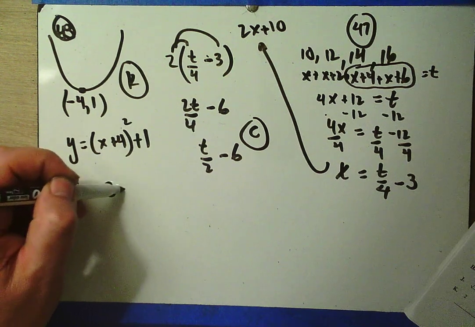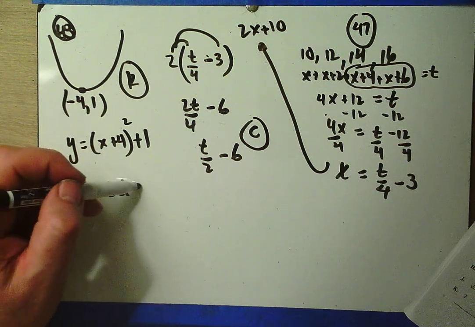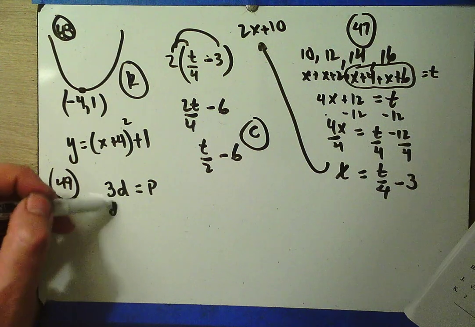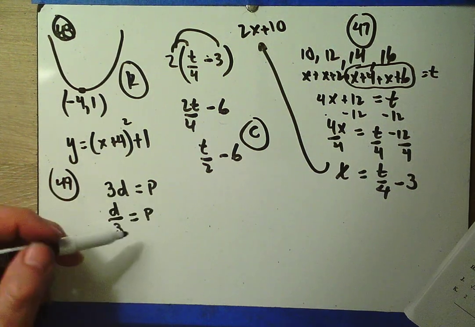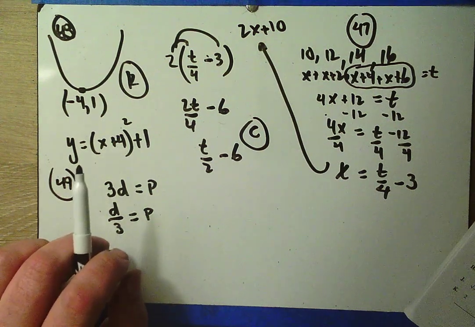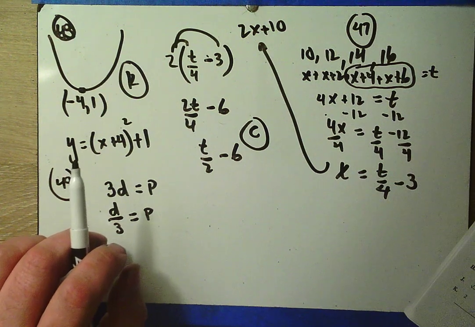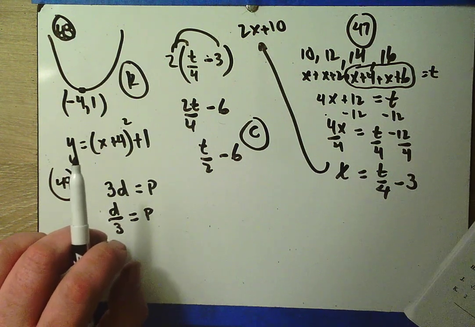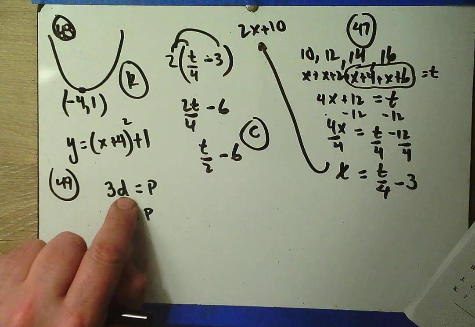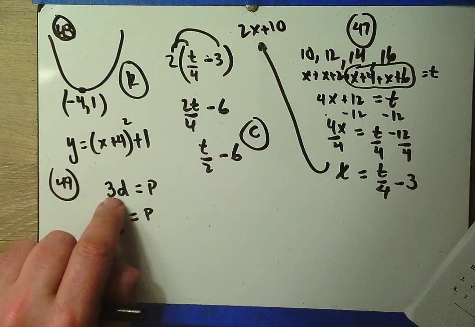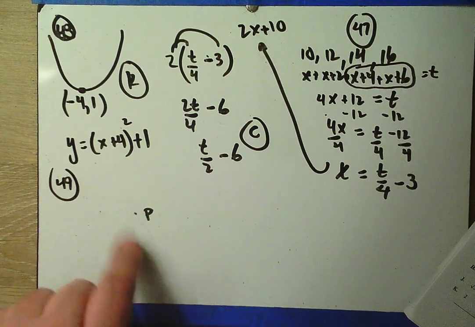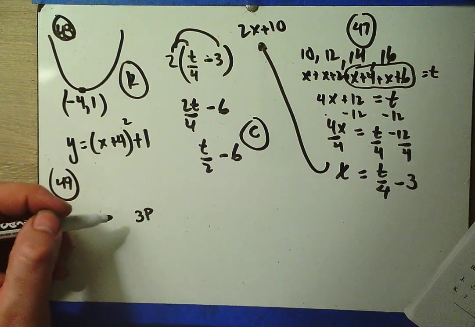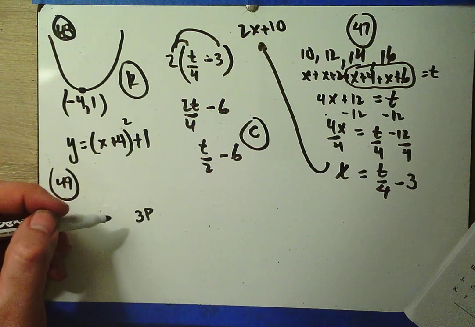So if I take the number of dimes and multiply by 3, I get pennies? Or is it dimes divided by 3 gives me pennies? Well, let's read this again. 3 times as many dimes as there are pennies.